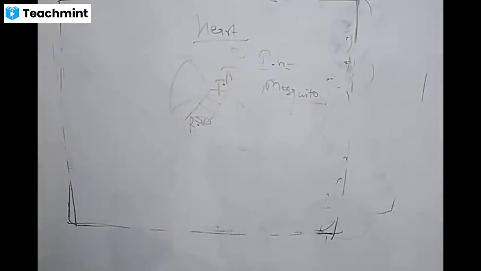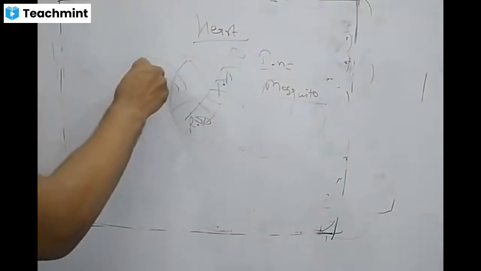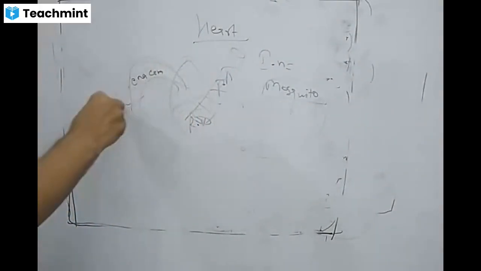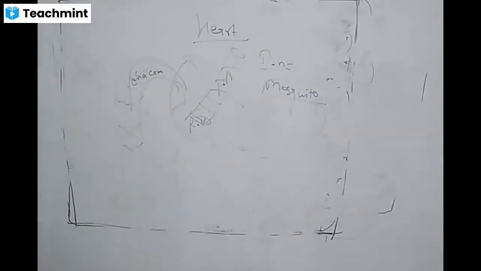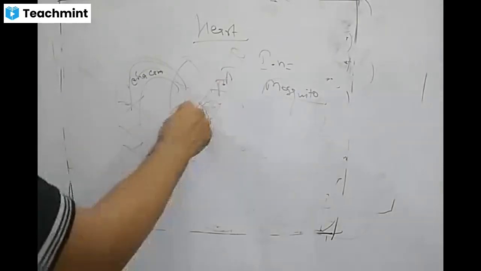So because of this, in the right auricle, vena cava is draining. If there is blockage, then the whole blood will enter into vena cava. So we call it vena cava syndrome. Lot of parasites block this.